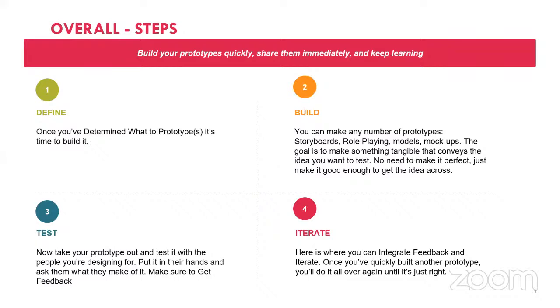And so the overall steps are you define. Once you've determined what to prototype, it's time to build. Now, number 2 says build. You can make any number of prototypes. And remember, I've told you about the materials you can use. So you can make using storyboards, role playing.